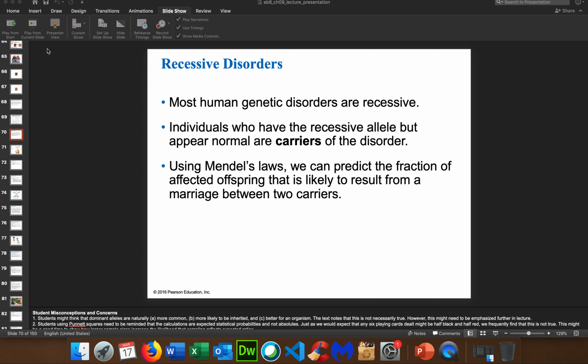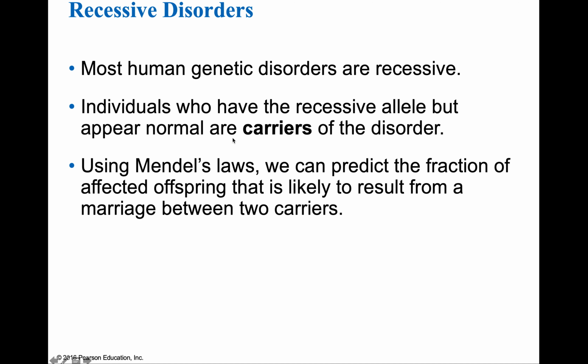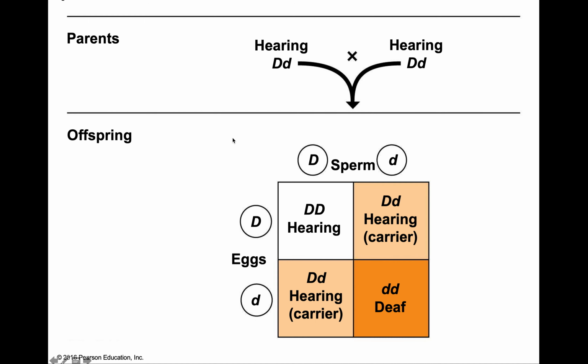Now, on our next slide, we're going to see an example on page 155. This is the example that we ended with that we're going to continue with. Here I see two parents that are actually carriers because they have a normal phenotype, but genetically their genotype is heterozygous, capital D, little d, for being a carrier.